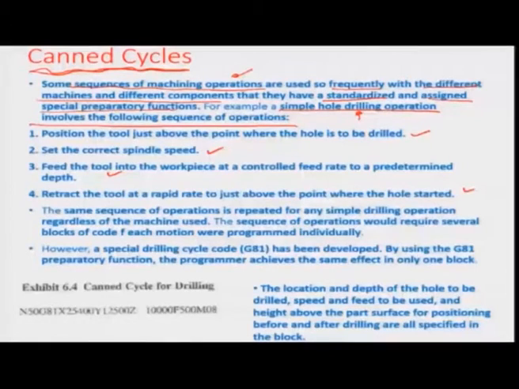So, all these things can be executed in exactly the same sequence, okay, for any simple drilling operation whatever it may be, regardless of the machine used, by just setting up the numerical values every time. Like the coordinate can be different where the tool has been docked, or the depth can be different by how much the tool has to be proceeded into the workpiece, and everything else being the same.